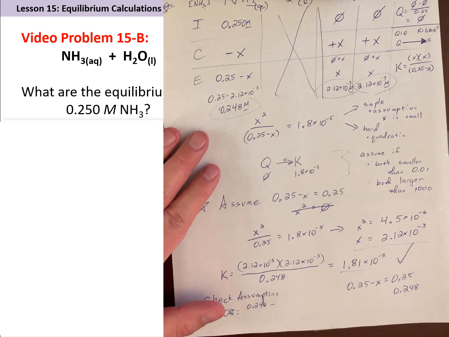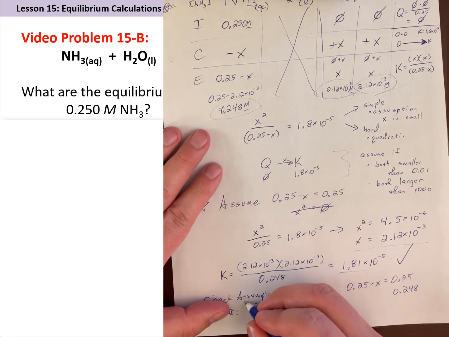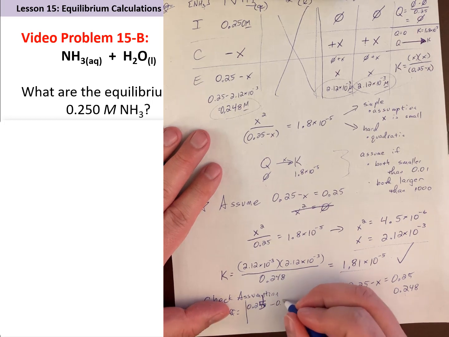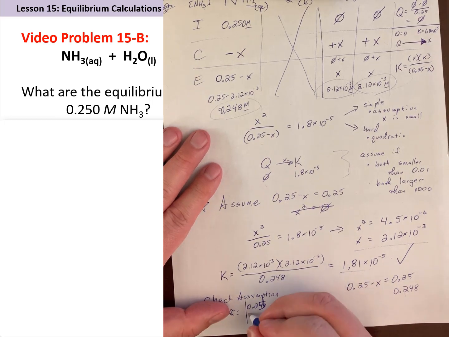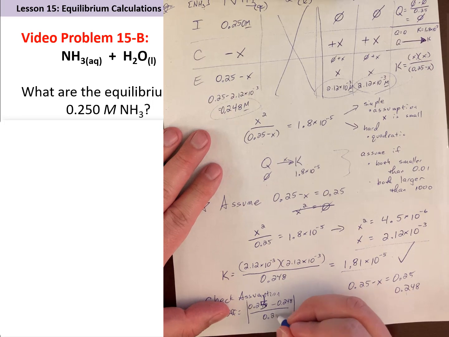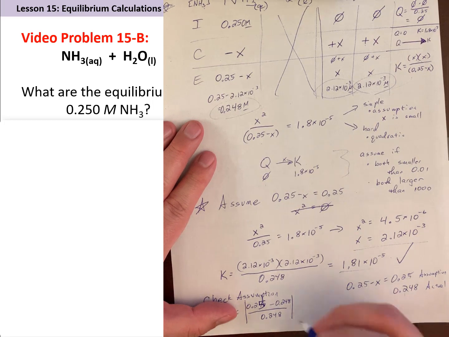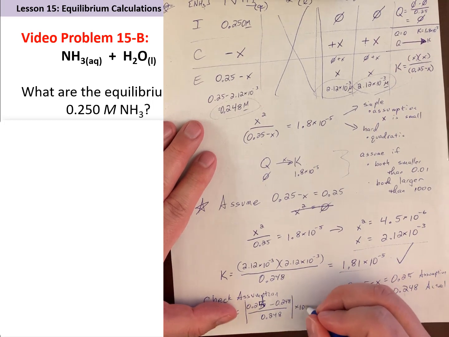Or actually, sorry, it's assumption minus actual. It doesn't matter because we're going to take the absolute value over the true. So it's my assumption minus the actual, over the actual.